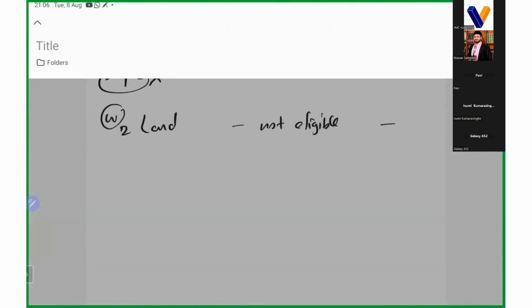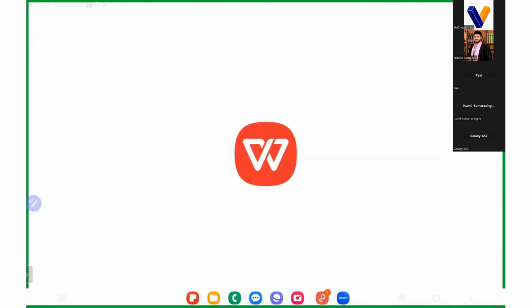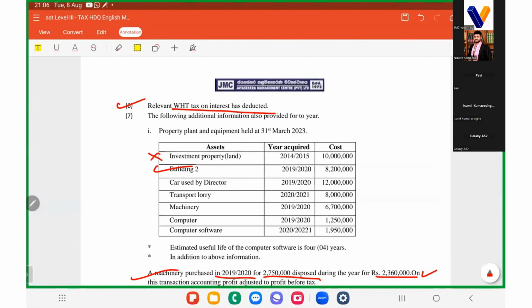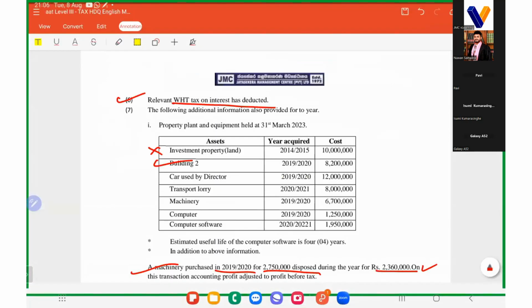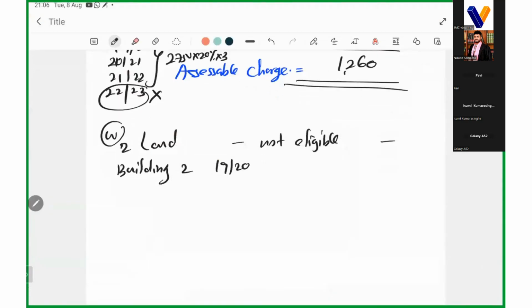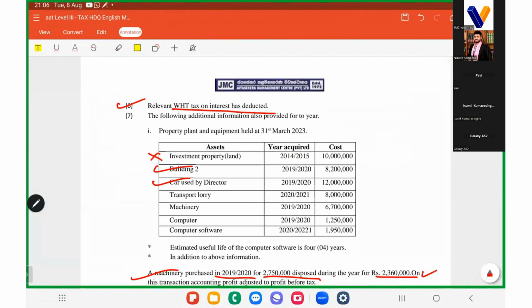So then the next one, building, is how much? 1920. 8,200 into 5%. How much? 410. Then the car used by the director.